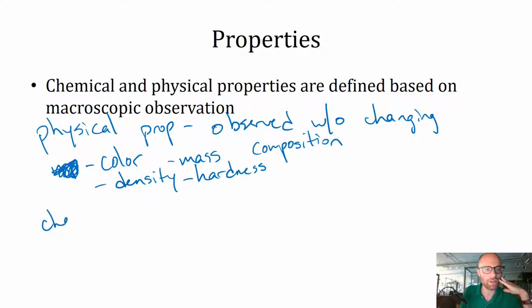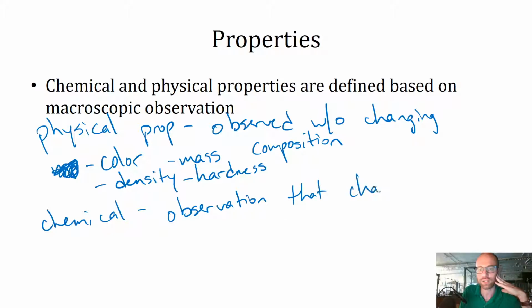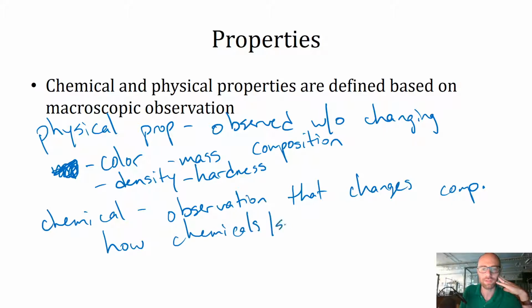And then chemical would, by extension, be an observation that changes composition. The best example of that would be how substances react.